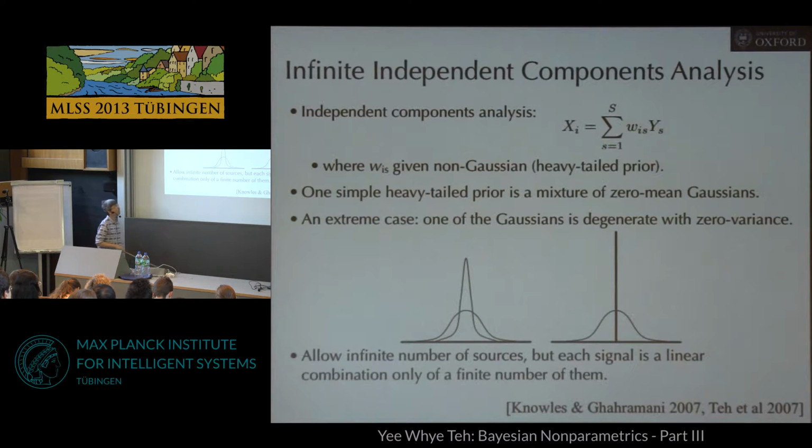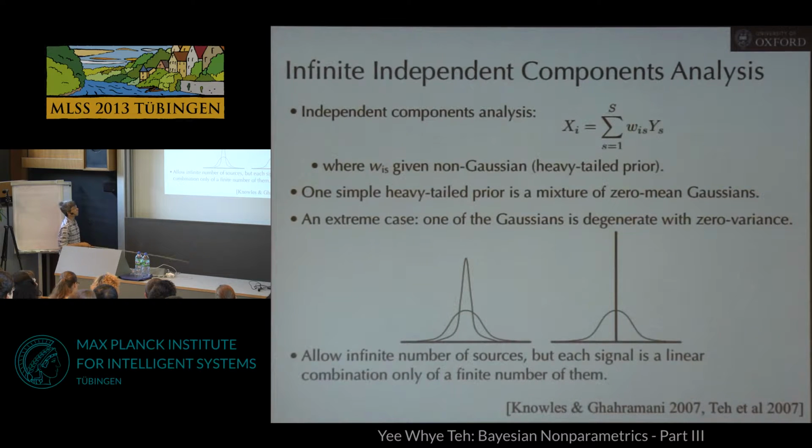This prior is sometimes called spike and slab. You have a slab of stuff and a spike in the middle. The idea is that in your signal, every source could be either present or absent. If it is absent, you have 0 contribution from that source, and if it's present, the coefficient is drawn from some Gaussian or some other distribution that you might want to work with.